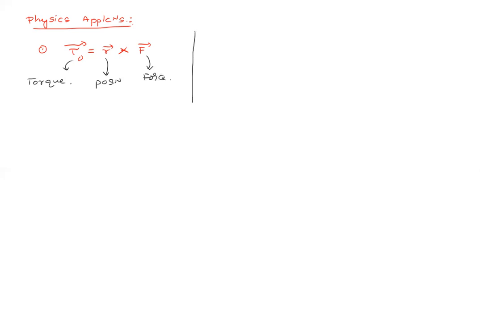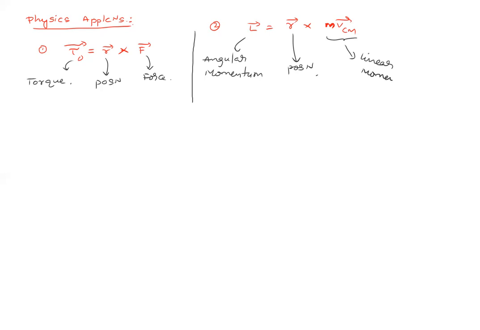Second, angular momentum L bar is r bar cross m v cm bar, where L is angular momentum, r bar is position vector, and mv is linear momentum. Like this I can give many examples.